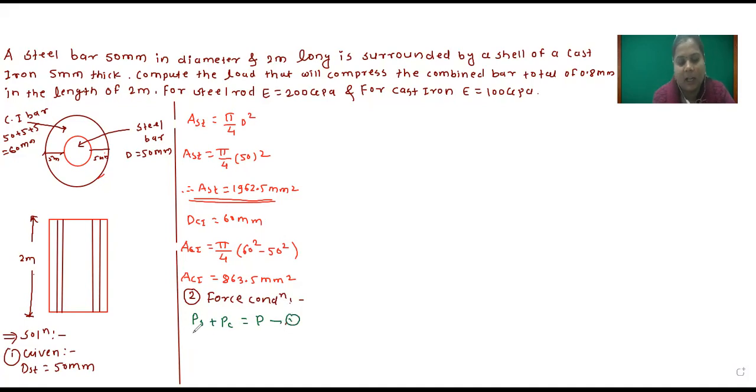And then the second step is we have to apply the displacement condition. So how to apply the displacement condition? Already you know that the displacement condition is: change in length in steel rod is equal to change in length in cast iron rod. Okay. So now we will equate this and solve the problem.